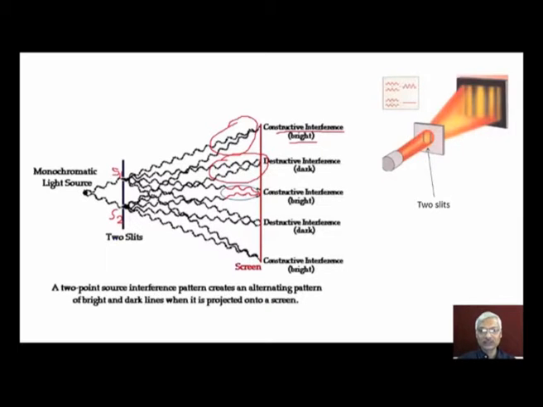So destructive interference happens and we get a dark band here. So like this, alternate dark band and light band we are getting, and hence we get a fringe pattern as shown here. The light source and the screen with the two slits S1 and S2, and on this screen we are getting the fringe pattern.